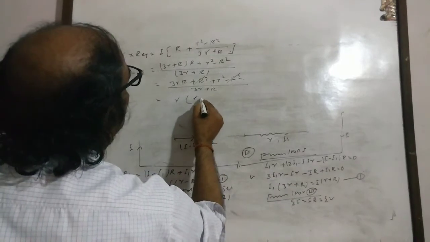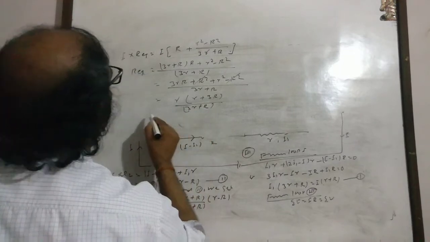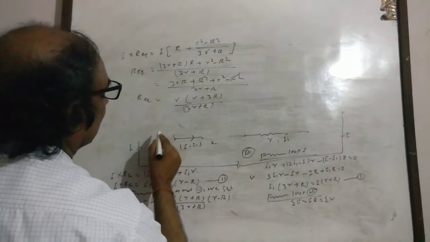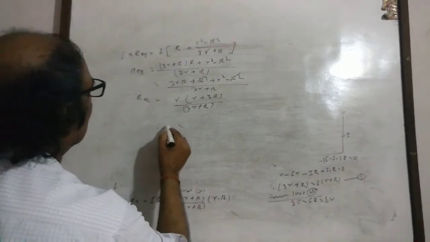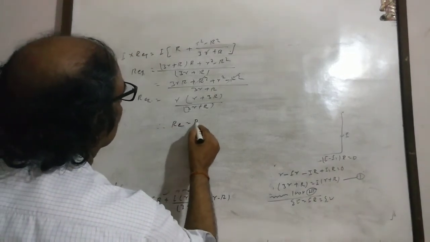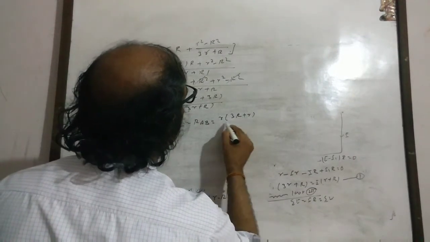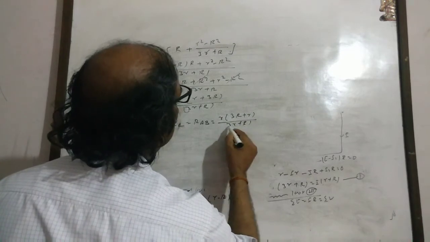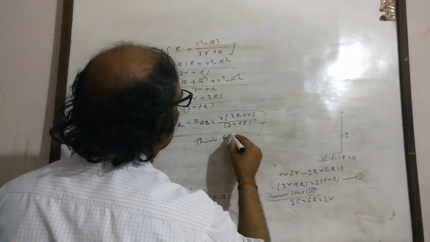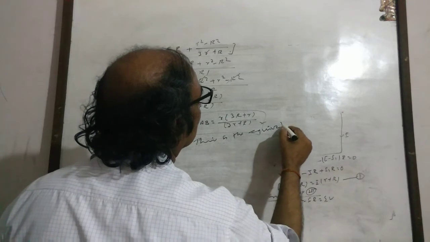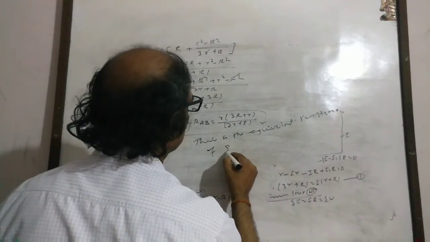So R plus 3R by 3R plus R are equivalent, and therefore R equivalent or resistance across AB equal to R times 3R plus R over 3R plus R. That's okay, this is the equivalent resistance of the given figure.